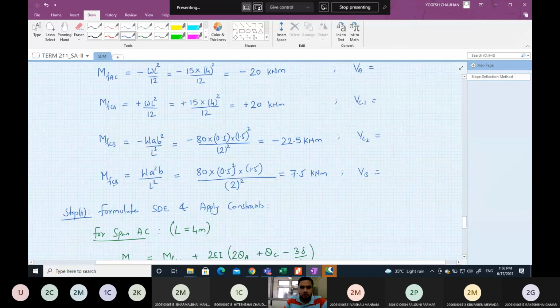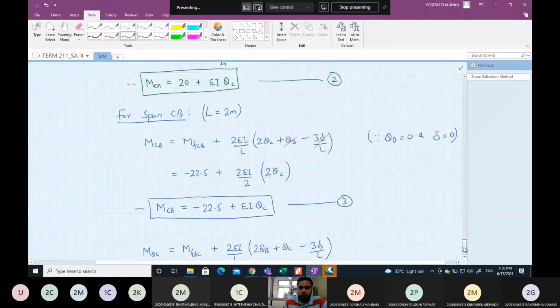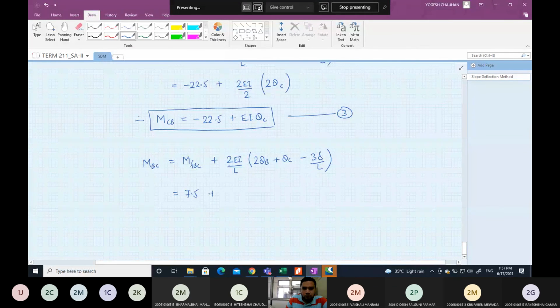This value, MFCB 7.5, not MFCB, it is MFBC, plus 2EI by 2.